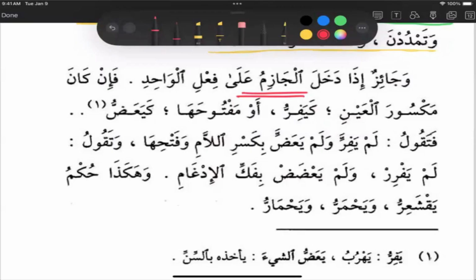The jazim is the thing that puts the verb into the state of jazm. So you need to know that. If you need to ask about it, feel free. Ask about it without shyness, and inshallah, I will answer you with all joviality. No problem.